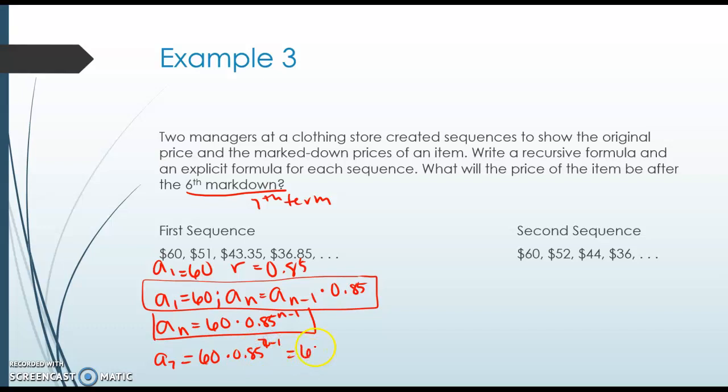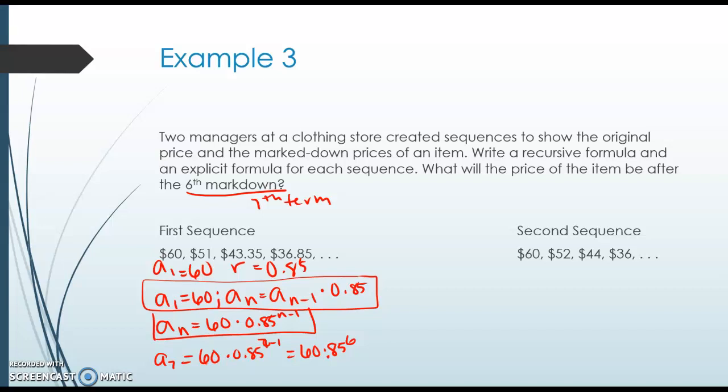So that's going to give us 60 times 0.85 to the 6th power. All right, so 0.85 to the 6th power is 0.377 with our decimal continuing on.